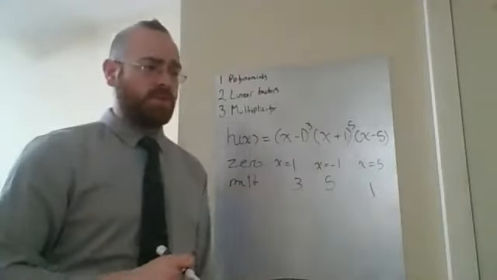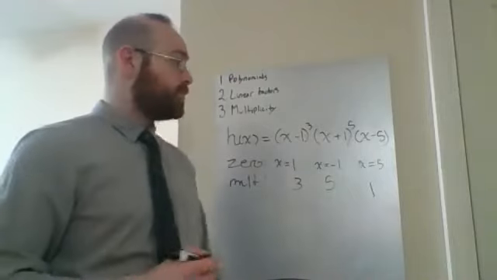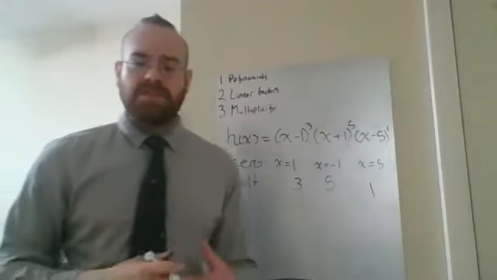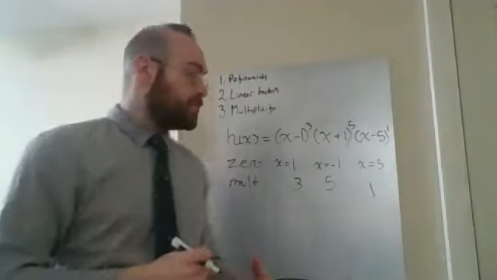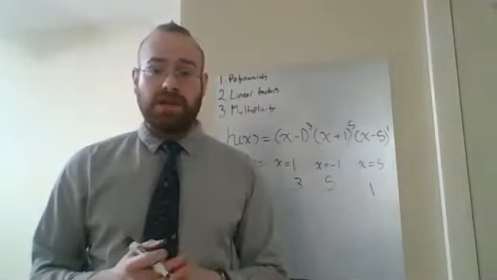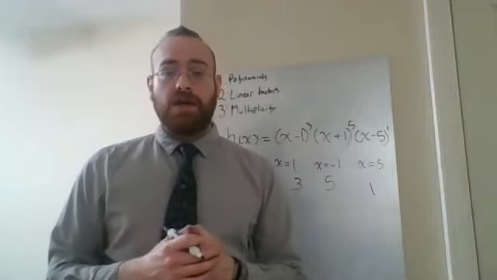Now you might be thinking, well, why isn't it a multiplicity of 0? Because it has no exponent. Well, if we don't write an exponent, it's implied that the exponent is 1. So the multiplicity can't be any smaller than 1. It can be as large as we want to make it, depending on the function.